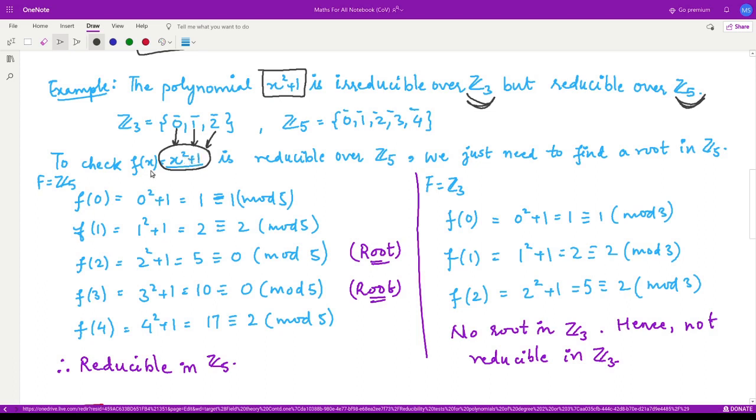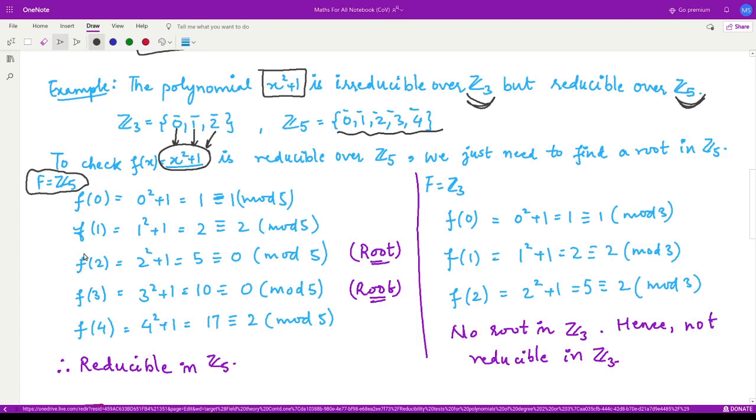Let us calculate this for the given field Z5. So for Z5 we have these elements. Let's check it one by one. What would be f(0)? It would be 0 square plus 1, so that will be 1, and that would be 1 mod 5. That means when you divide that by 5, you get the remainder 1.